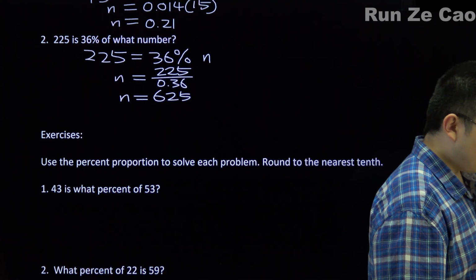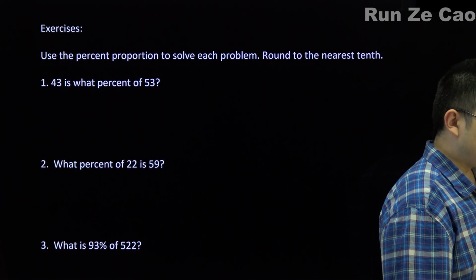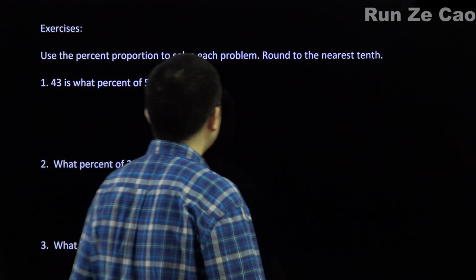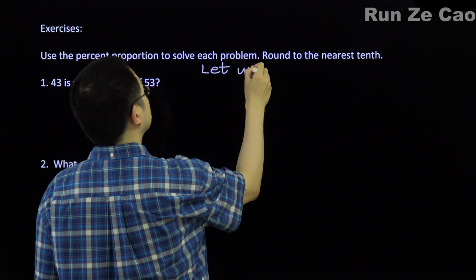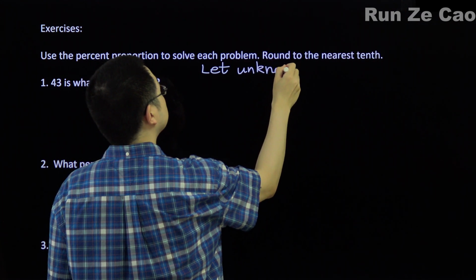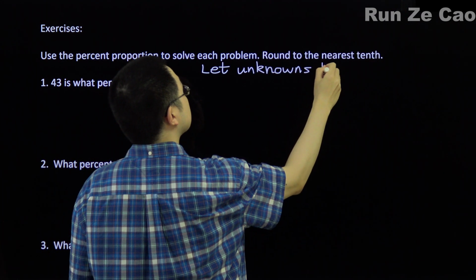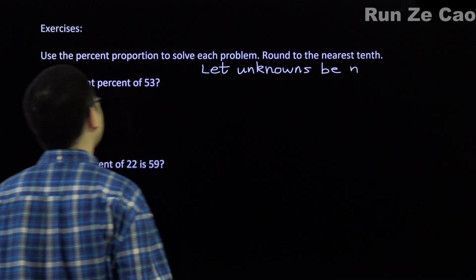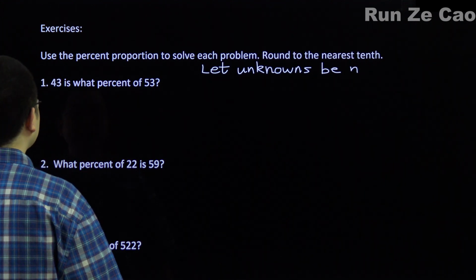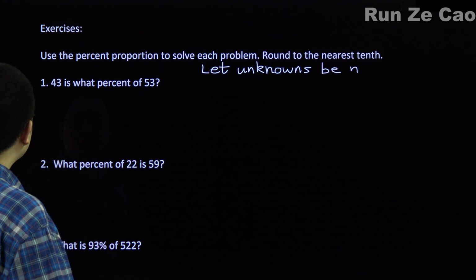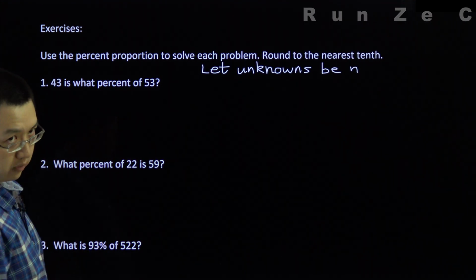Use a percent proportion to solve each problem. Round to the nearest tenth. So, let unknowns be n. We don't need to put a let statement for everything now. It says use a percent proportion, so in other words, we actually have to use it.